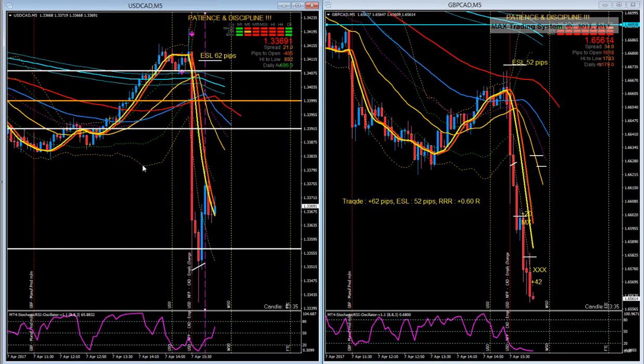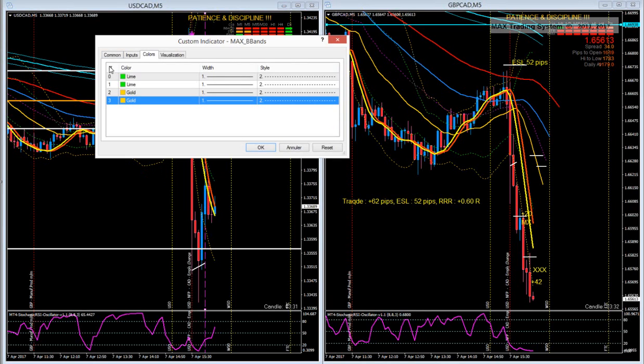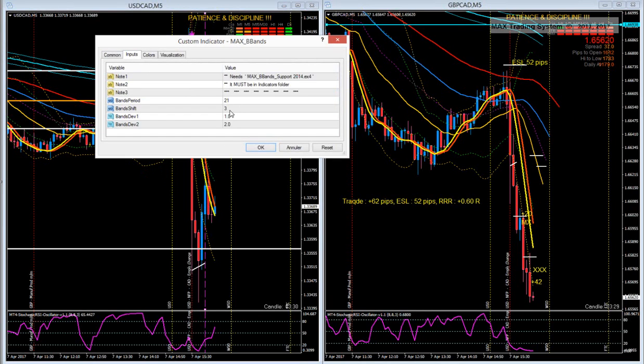So for the max bands here, if this is the max B bands, the settings are 21, 3, 1, and 2. Okay, 21, 3, 1, and 2.